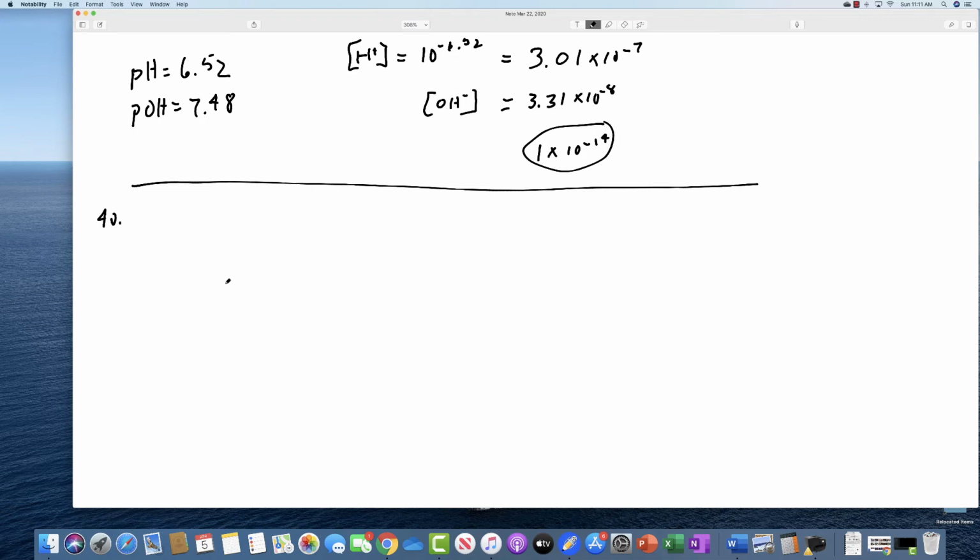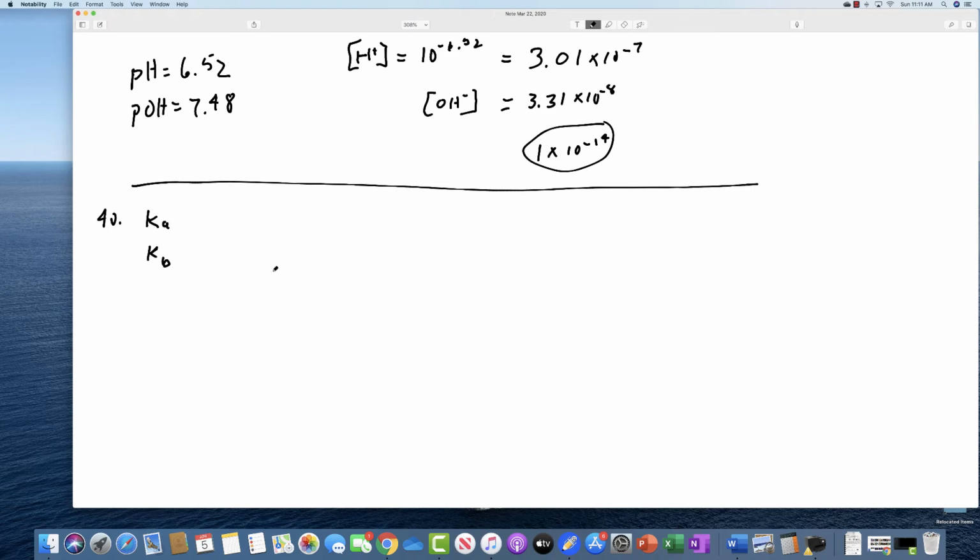And so we'll be working with specific equilibrium constants for acids called Ka and for bases called Kb. So when we're working with this kind of problem, the ionization is not necessarily the same for all. So let's take a look at number 40.